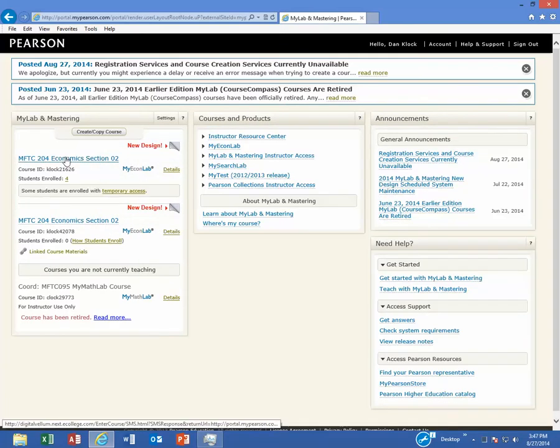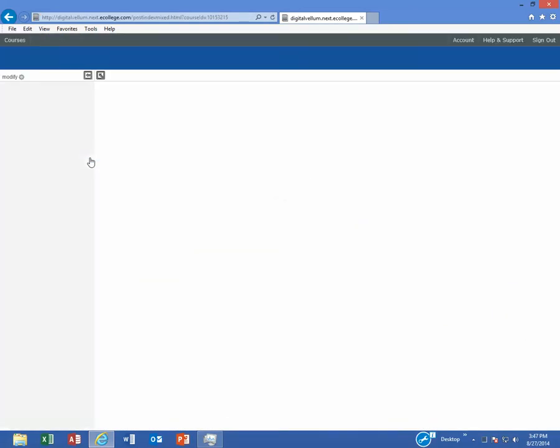Here's our course here, the MFT 204. Economics Section 2. Here's the course ID is this clock. You'll need this when you buy the program to make sure you get registered to our particular class. So far only 4 people.